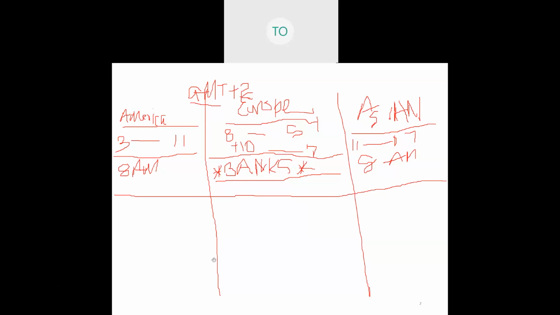And that's why you see a lot of movement up and down when the banks are opening. So again, we'll start with what we know, which in this case is Europe.